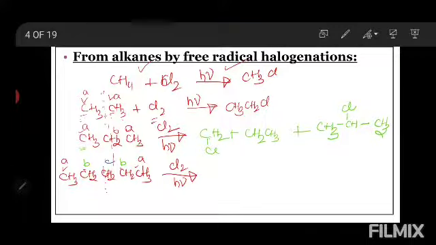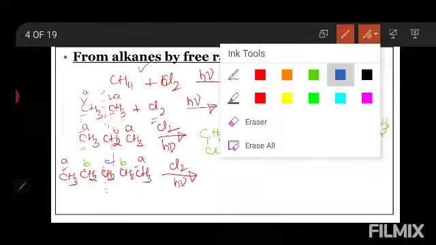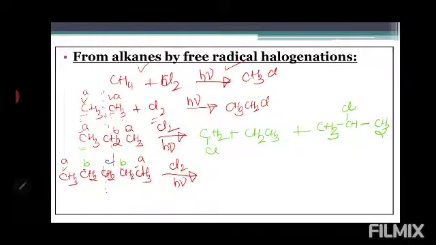Suppose a hydrogen is replaced from A, either one, you will get the same product. So you will get CH2 Cl, then three more carbons, then CH3. This is one product.